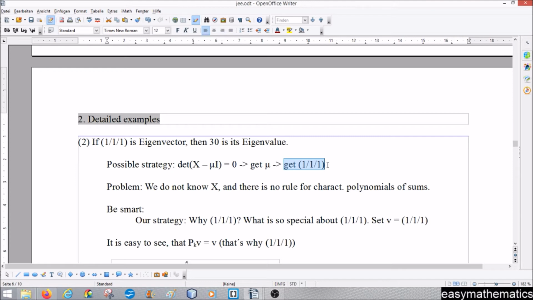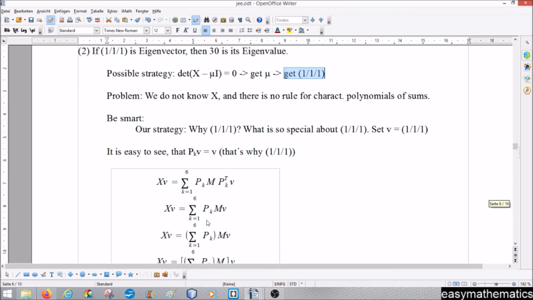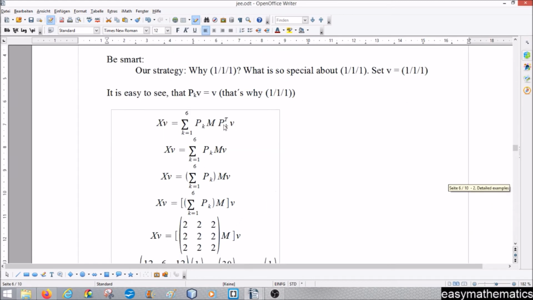It's easy to see if you calculate P times V, you get V itself. So for a permutation matrix, the vector V = 1, 1, 1 is an eigenvector. That's why. And so what we see is P times V is V itself.